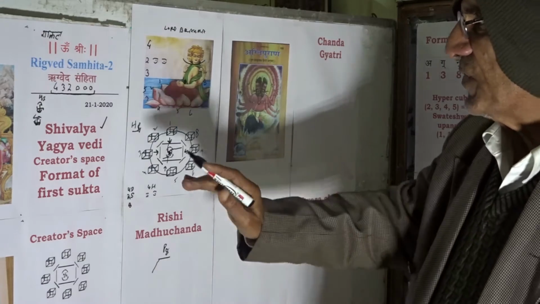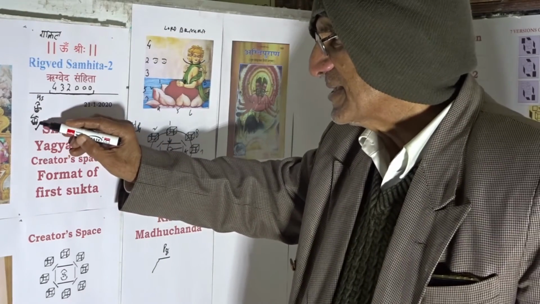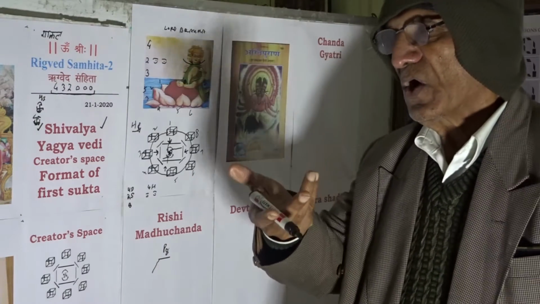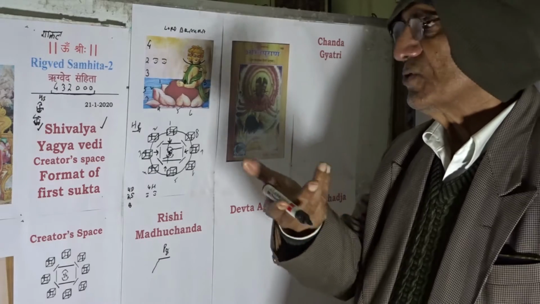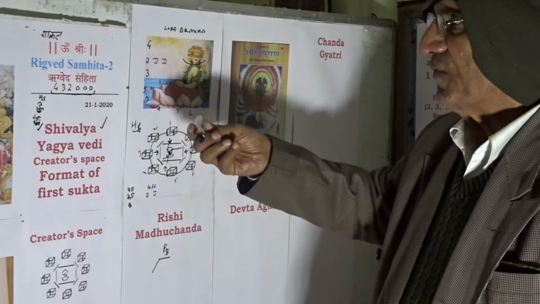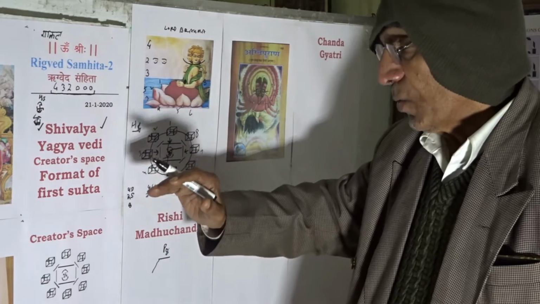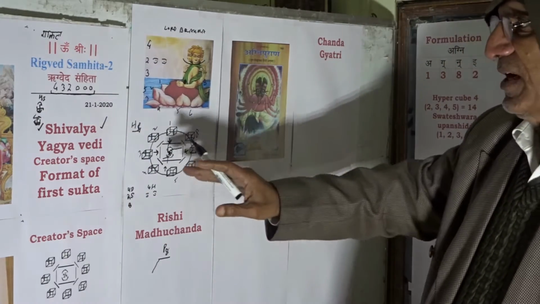Therefore, the first thing which we have to bear in mind is that when we are fulfilled with intensity of urge to be parallel to the format of Shakala Rigved Samhita, then we shall take that we are entering a Shivalya.